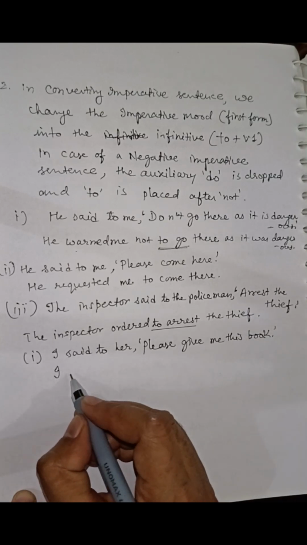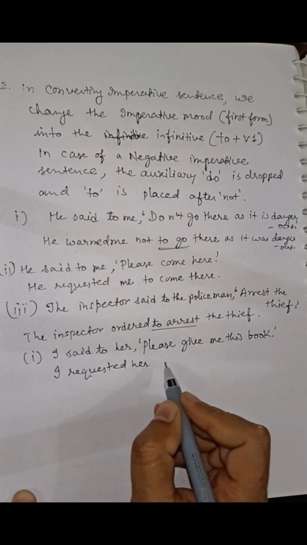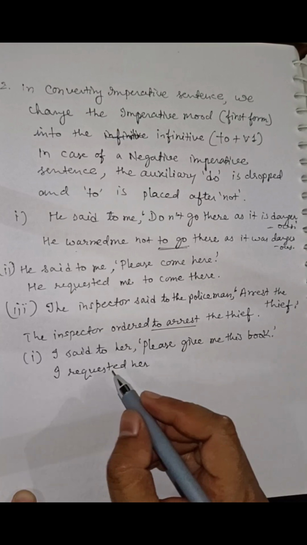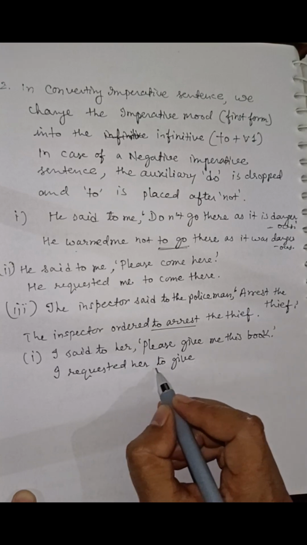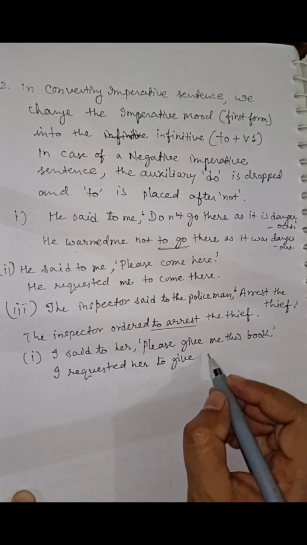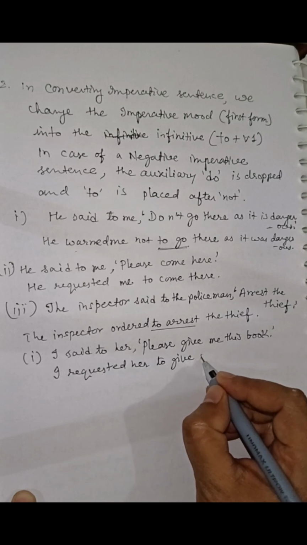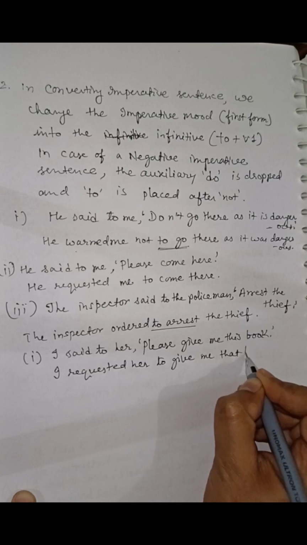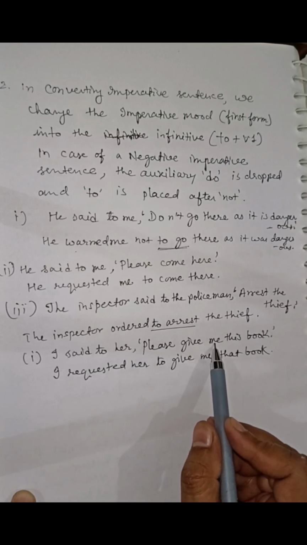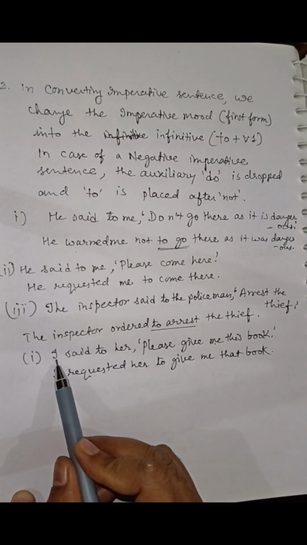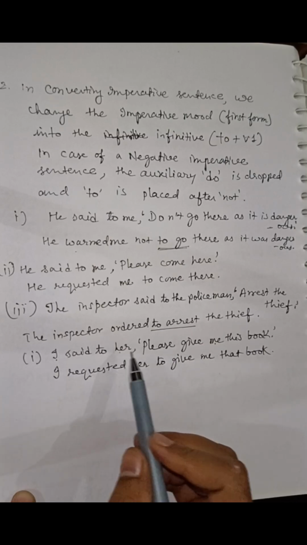So I requested her, please word will not be used, okay. To give me, infinitive form of the verb will be used there, to give me that book. So we have to remember all other rules. The first person pronoun will change according to the subject of the reporting verb. Had there been a second person pronoun, it would have changed according to the object of the reporting verb, right?